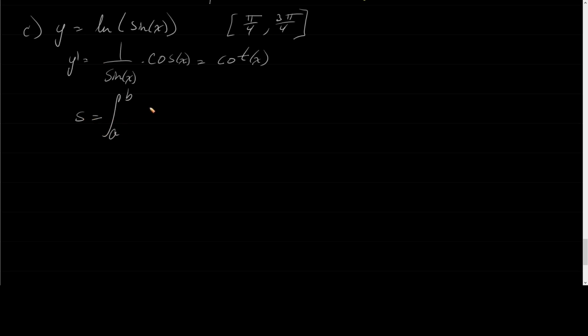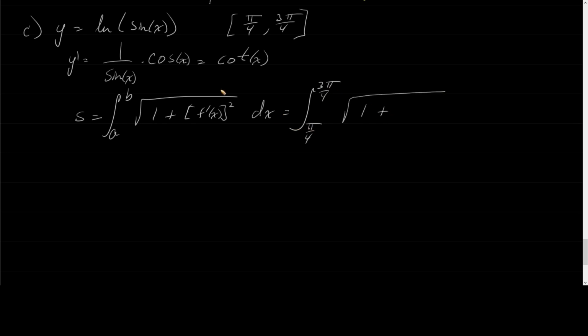Well, we know the generic formula is the integral from a to b of the square root of 1 plus f prime of x squared dx, which in this case means the integral from pi over 4 to 3 pi over 4 of the square root of 1 plus f prime was cotangent, so f prime squared would be cotangent squared of x dx, right?